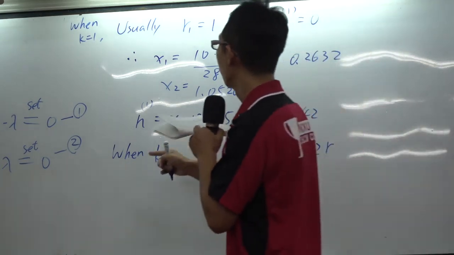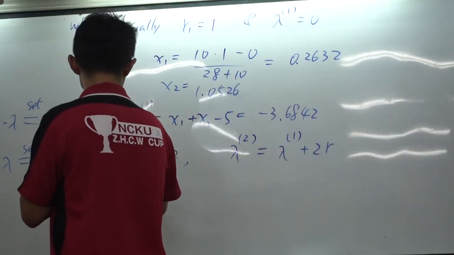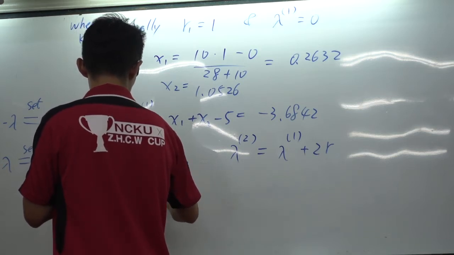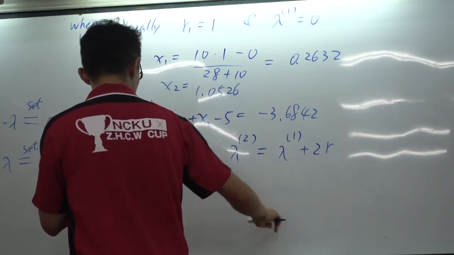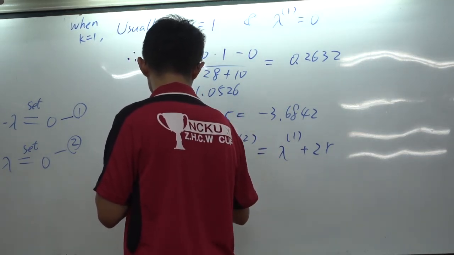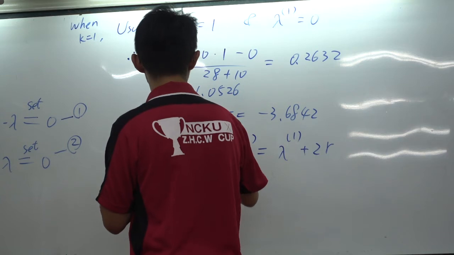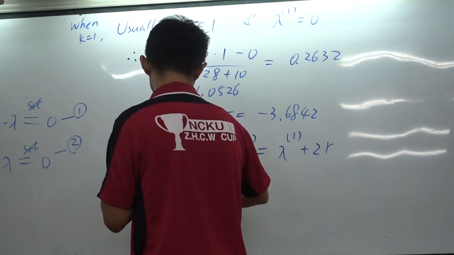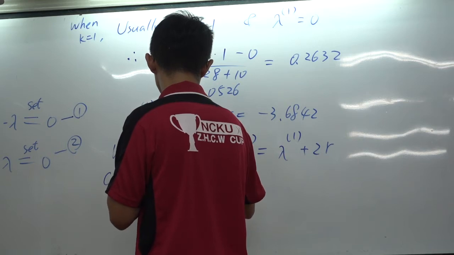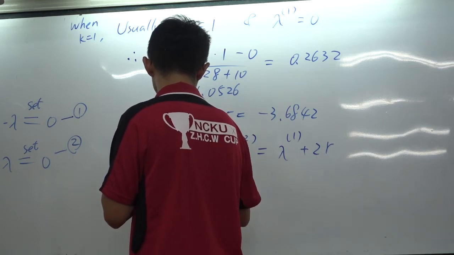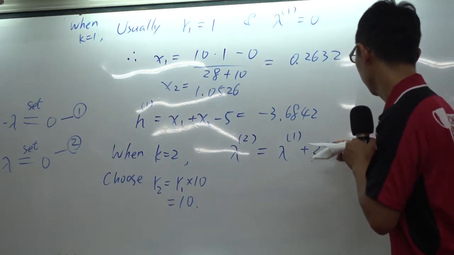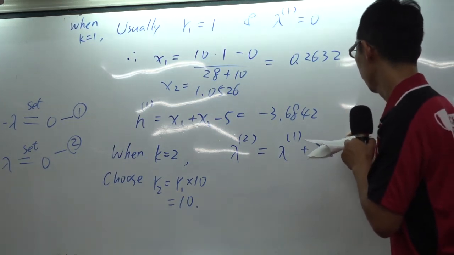Oh, by the way, over here let's also choose Rk or R2 to be 2 times 10. Oh, no, sorry, it should be 1 times 10, that is R1 times 10, which is 10. So over here, Rk is R2 times h.